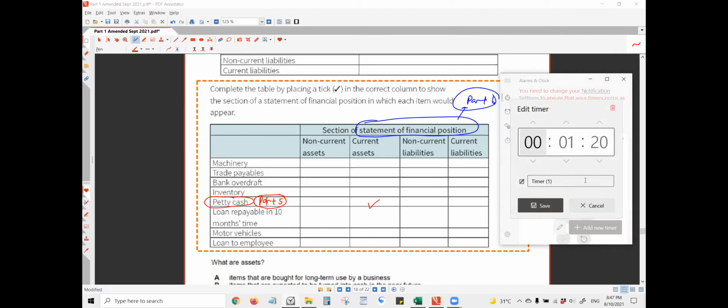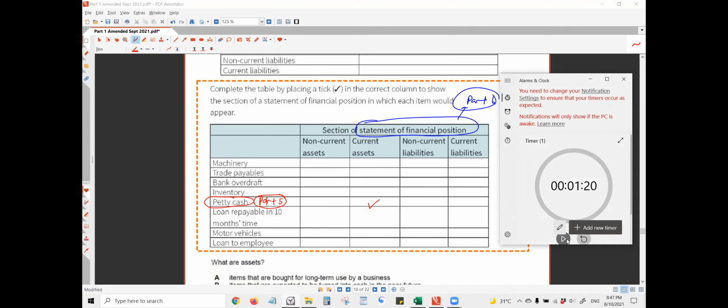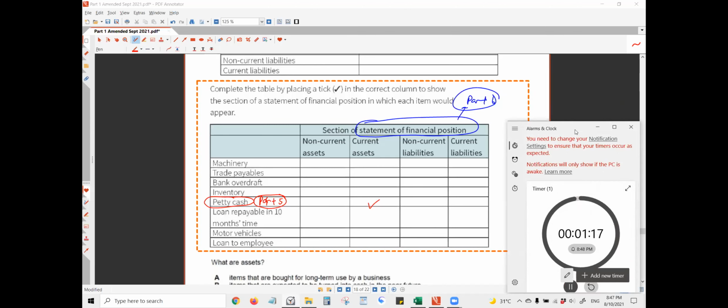One minute and 20 seconds. This is what I usually do in group lessons: I set the timer.